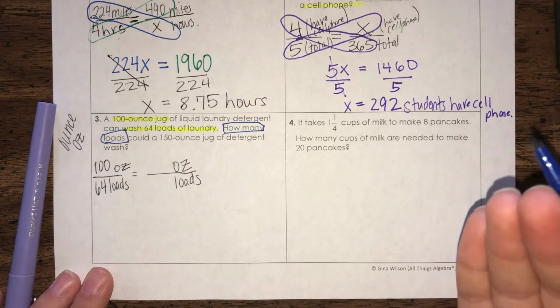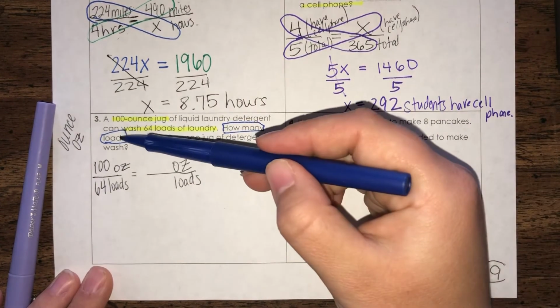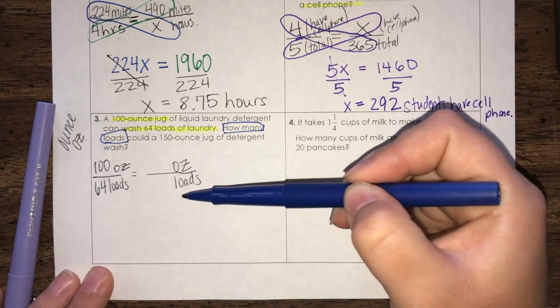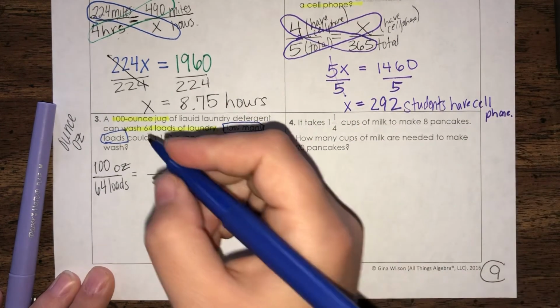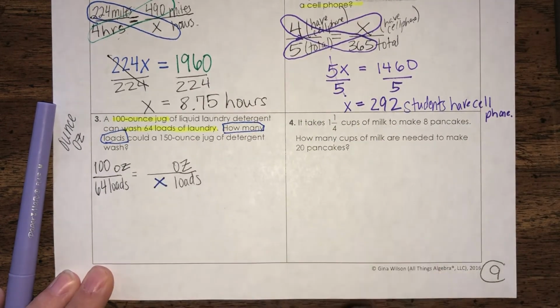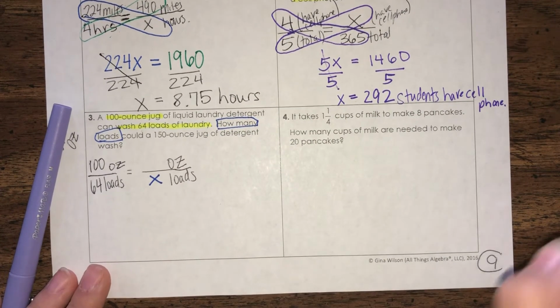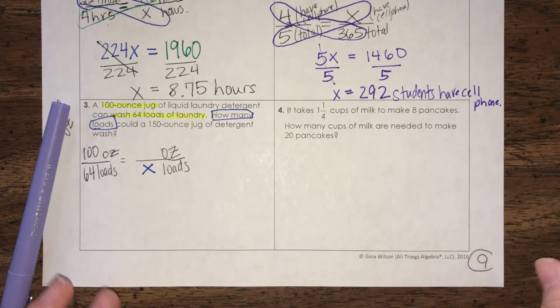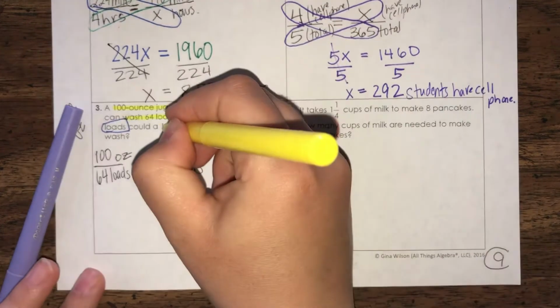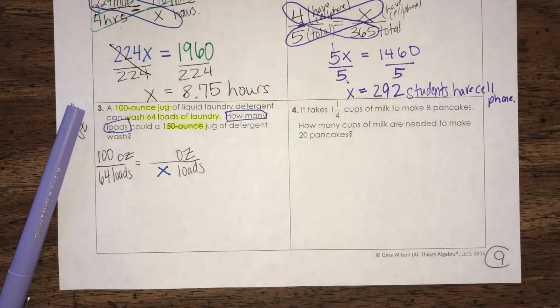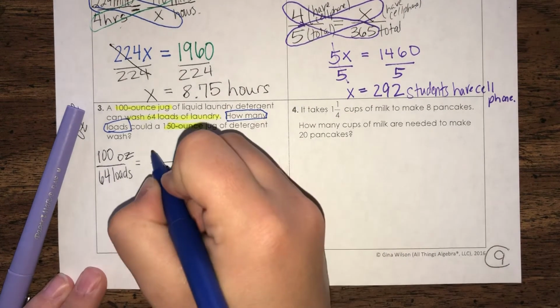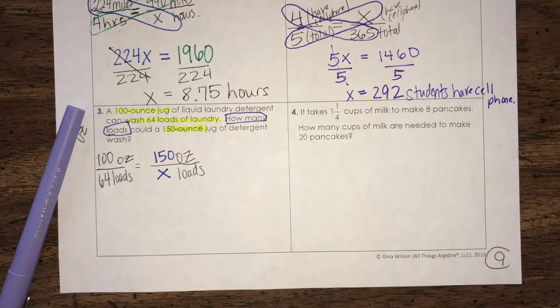This entire word problem wants us to figure out the number of loads. So if I don't know it, we will put an X for loads. And just to double check, when we read the number 150, it does say the word ounces to us. Ounces should be matched up with 150.